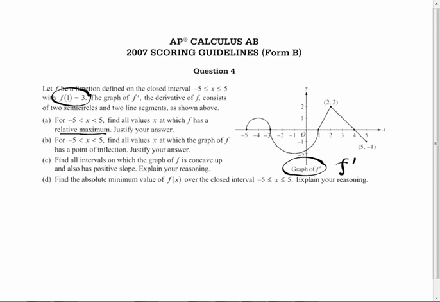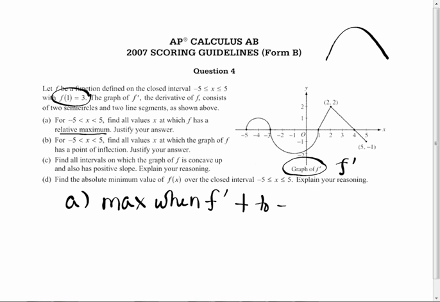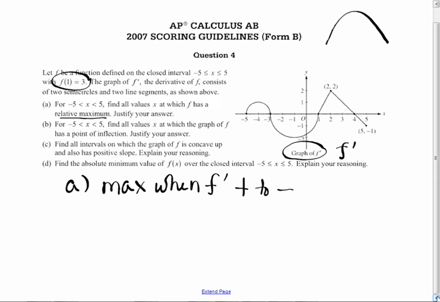I'm going to justify my answer first. F has a maximum when F prime does what? No, not a sign change. Goes positive to negative. So where does the derivative change from positive to negative?